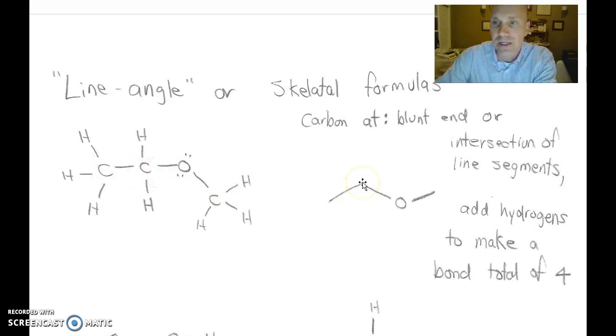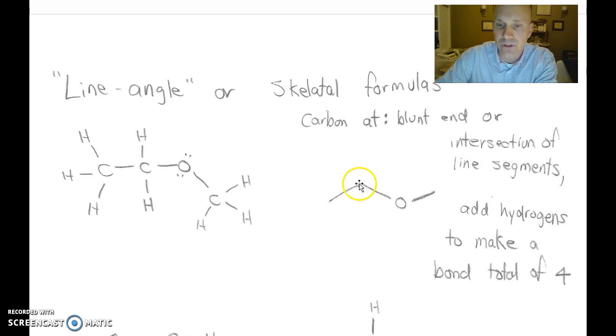The last thing that you've got to do is realize that there are missing hydrogens. Currently at this carbon, I see 1, 2 bonds, so there are assumed to be 2 more hydrogens. There would be 2 hydrogens off that carbon, and I drew these hydrogens on opposite sides. They're still attached to that carbon there.